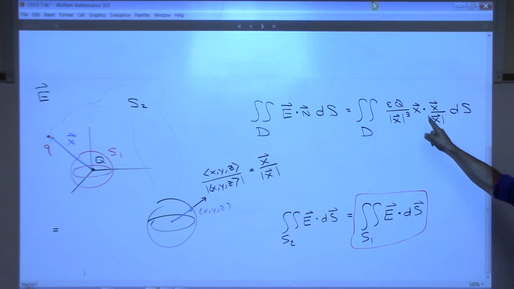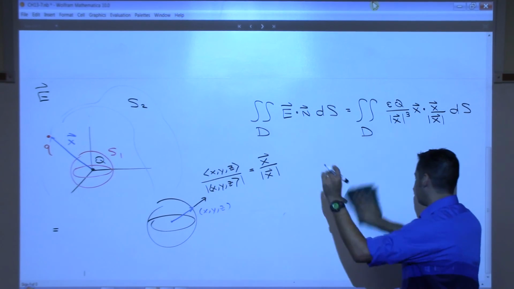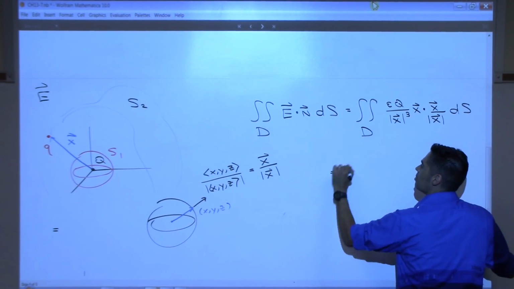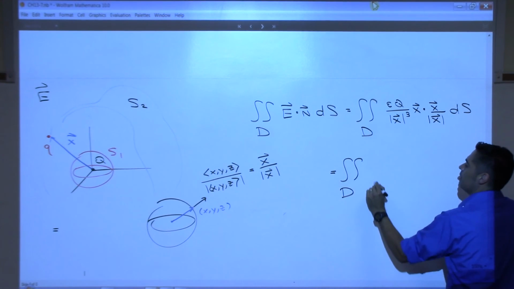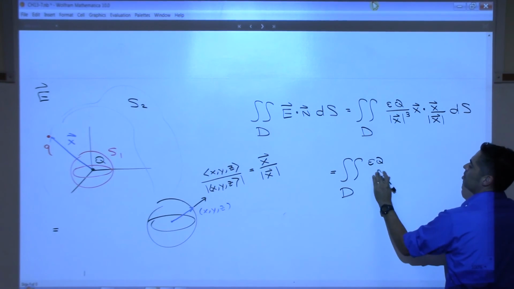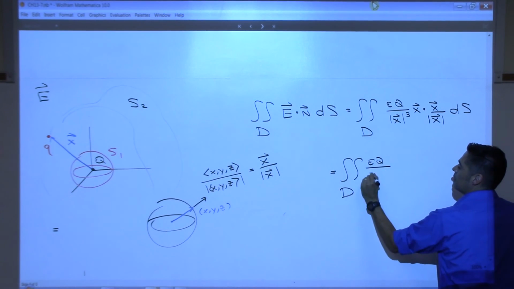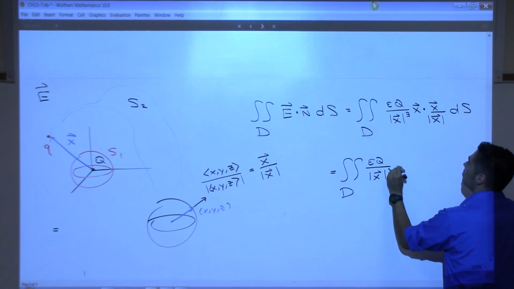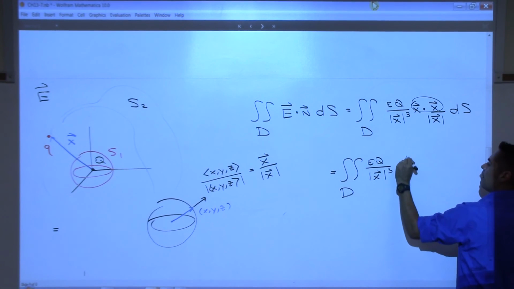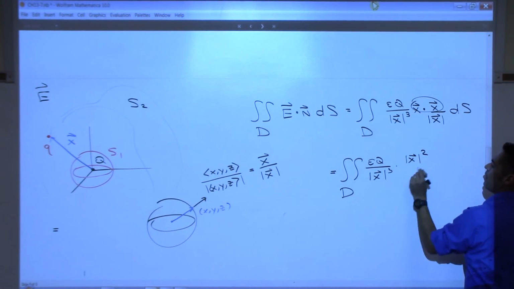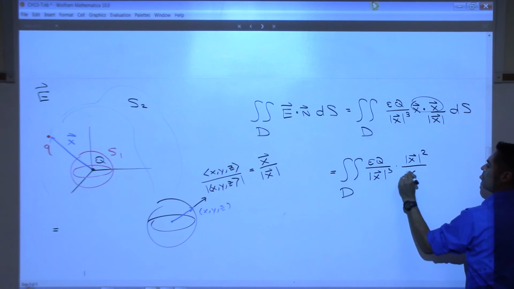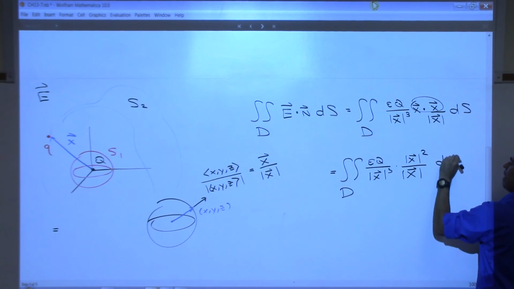What is a vector dotted with itself? It's magnitude squared. Go back, this is chapter 10, way back in the day. All right, this is double integral over D of EQ over magnitude of x cubed, times these two together, which is magnitude of x squared over magnitude of x, then ds.